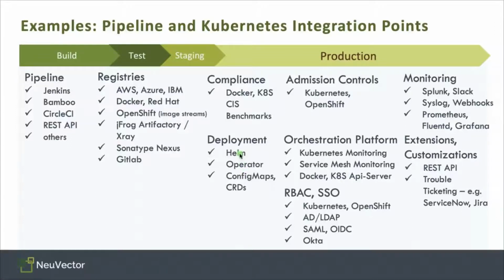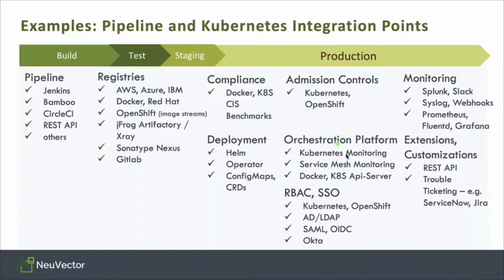Whether it's Helm or a Red Hat operator, an OpenShift operator, that can automate the deployment as well as the initial configuration through config maps. And CRDs, custom resource definitions, can be used to automate and update actual workload security policies. And I'll show an example of CRDs in a minute.